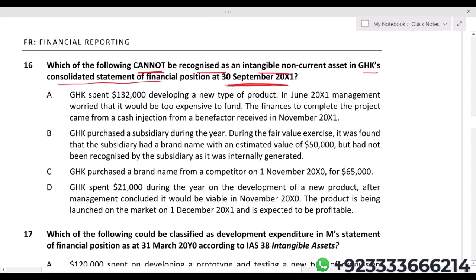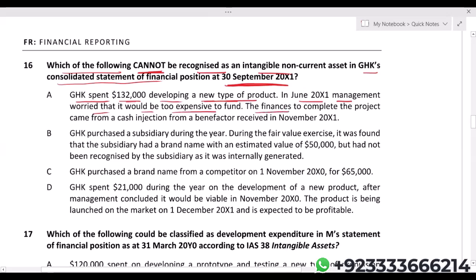Let's read the requirement again, in fact. Which of the following cannot be recognized as an intangible asset? Okay, let's read. GHK spent $132,000 developing a new type of product. In June X1, management worried that it would be too expensive to fund.